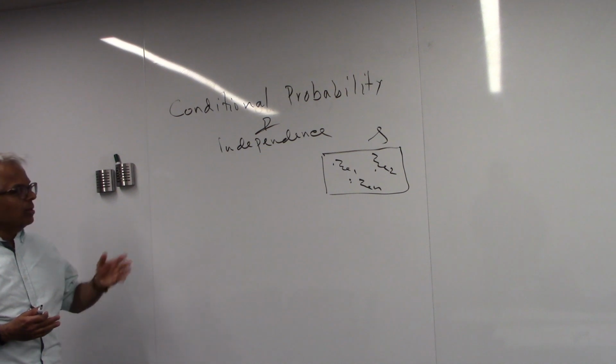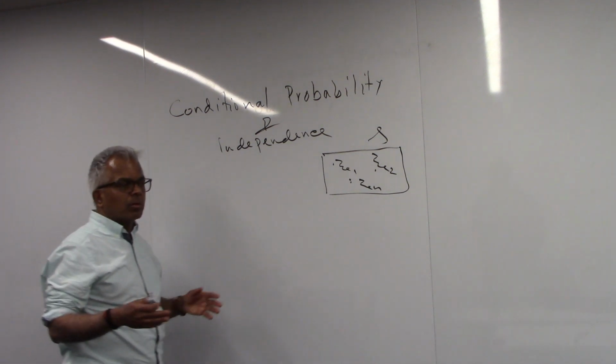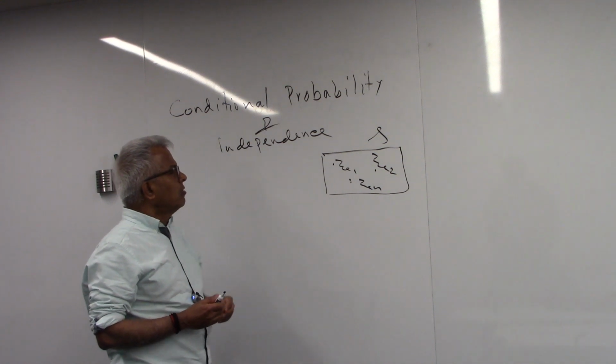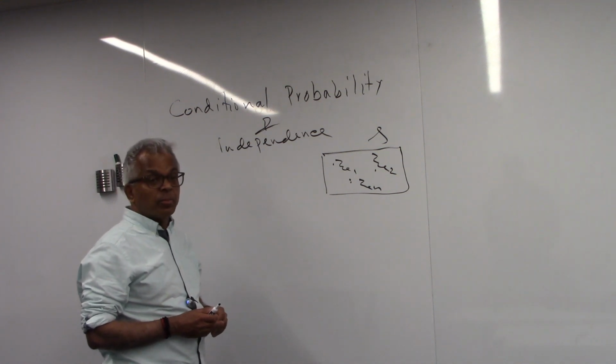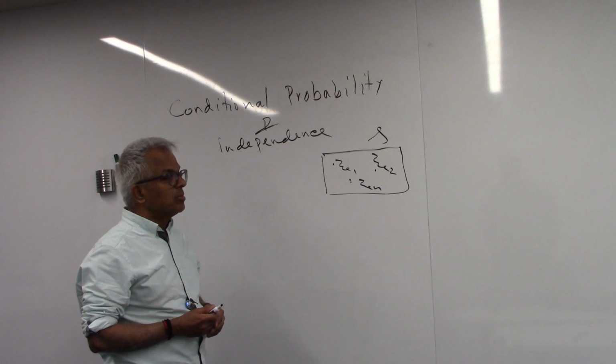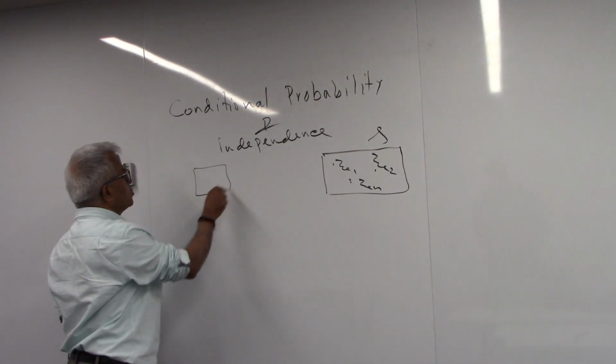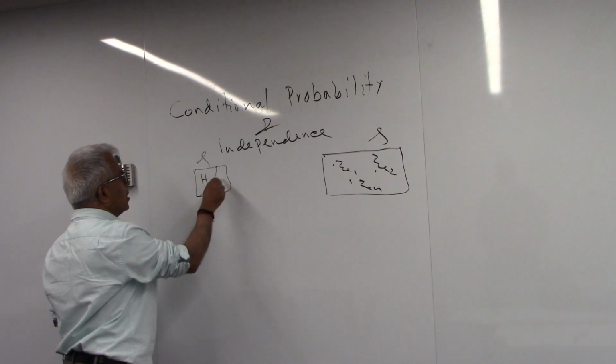Nevertheless, through experimentation or through reasoning, we can figure out the probabilities of elementary outcomes. The simplest example is tossing a coin, in which case the experimental outcomes are either head or tail.